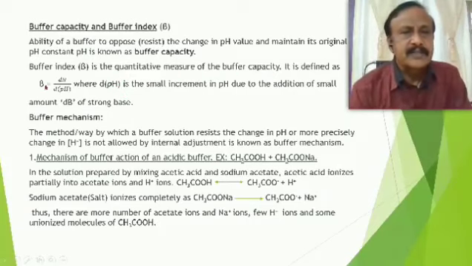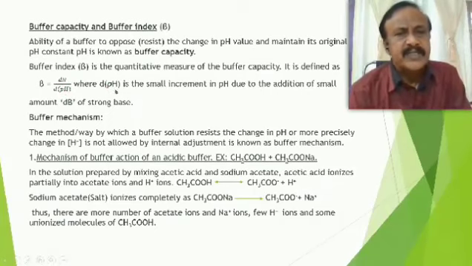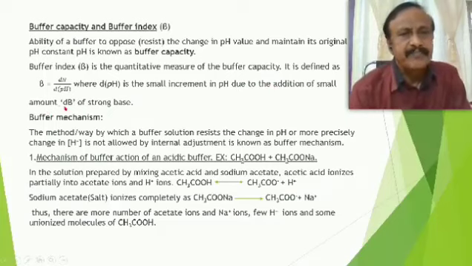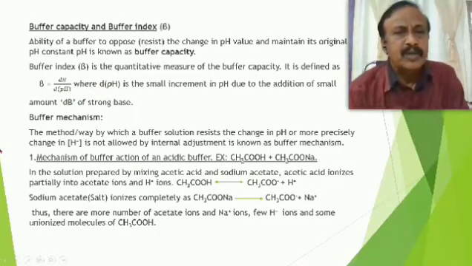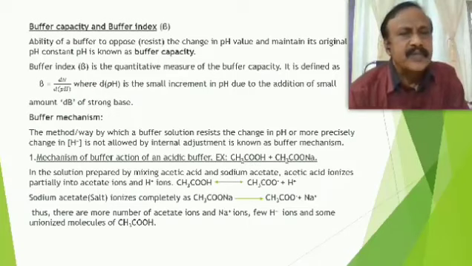It is defined, in terms of an equation, as beta equals dB divided by d(pH), where d(pH) is the small increment in pH value that is caused due to the addition of a small amount of strong base dB.